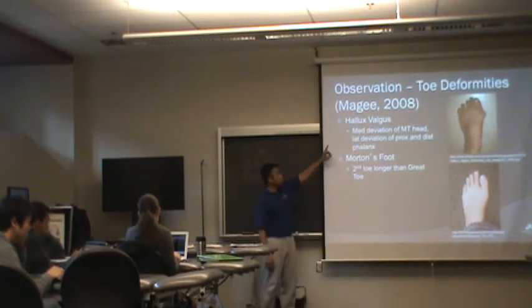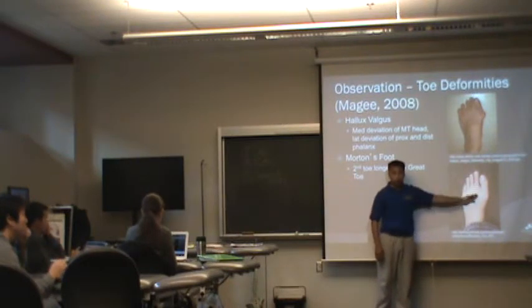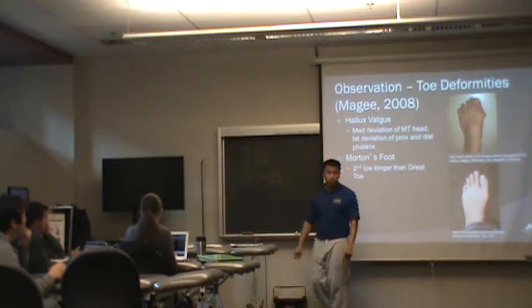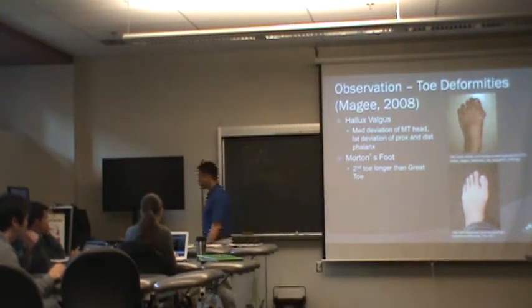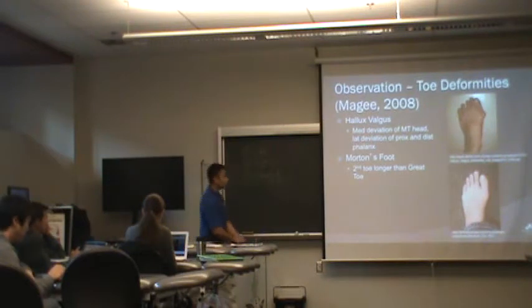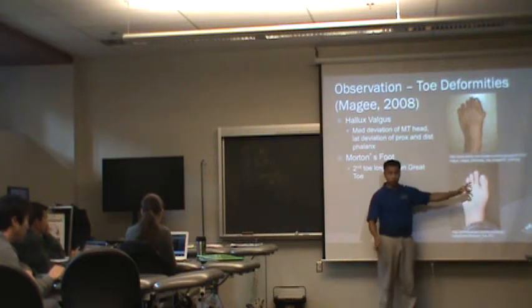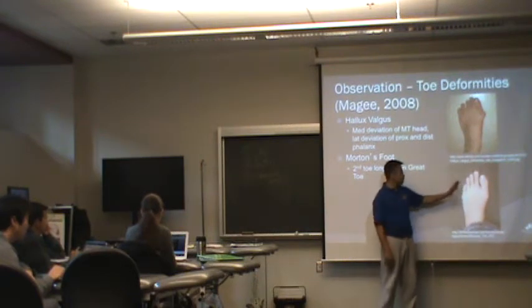Morton's toe is usually related with hallux valgus in that the second toe is longer. You can have Morton's toe without hallux valgus. That is a possibility. So hallux valgus is typically related to flat feet. Okay, so bunion, I guess, is the layman's term as well.